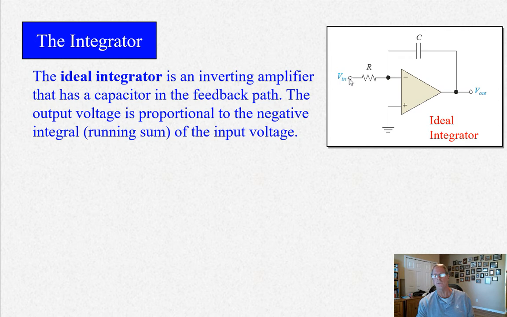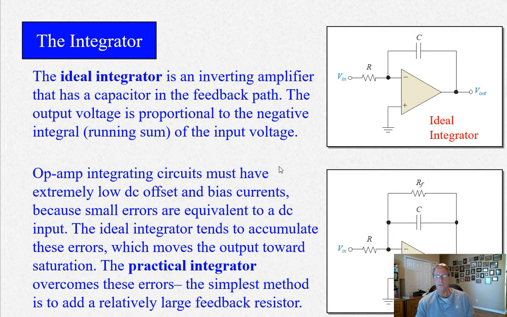So if there's a DC voltage on the input, this capacitor is just going to keep ramping up and up, basically measuring that voltage over time. And the more time that voltage is on there, the bigger the voltage across that capacitor becomes. Now, if that voltage goes away, what happens? The ramp starts to come back down again. We're going to see that, I think, in the next slide.